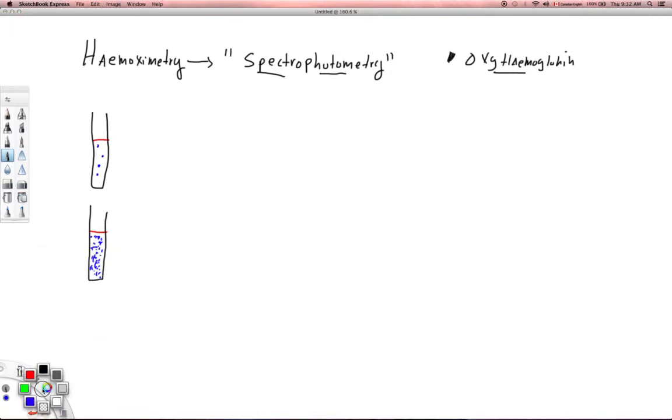And when we talk about labs, you're probably used to the terms solvent and solute. And we say that solutes are things dissolved in solvents. So in this case, the solvent might be the blood, and the solute might be the oxyhemoglobin. That's not totally 100% accurate, but that could work as a good approximation.